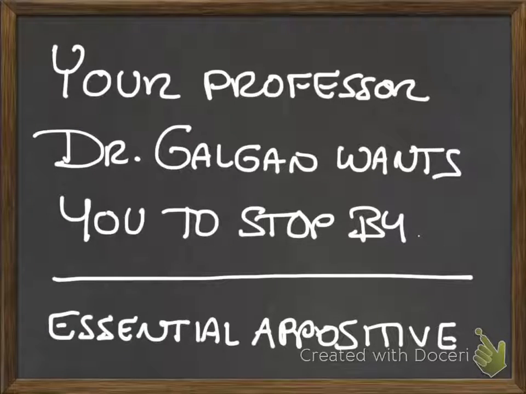It could be your philosophy professor, your English professor, your accounting professor, right? So in this sentence that says, your professor, Dr. Galgan, wants you to stop by, that appositive, Dr. Galgan, which gives you more information about professor, is absolutely essential to your understanding of the sentence.